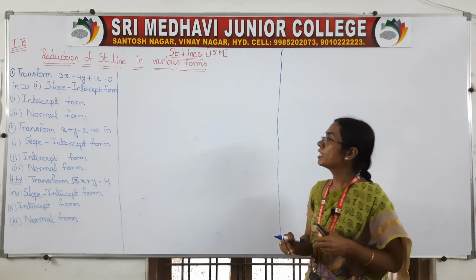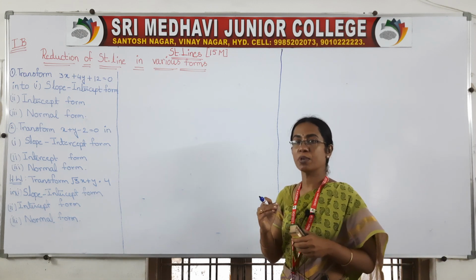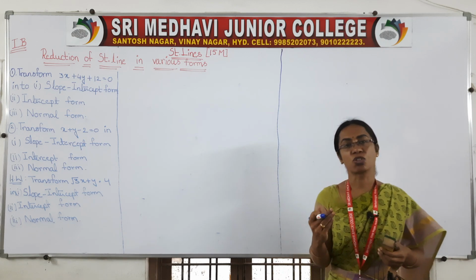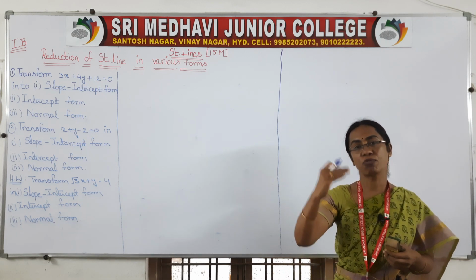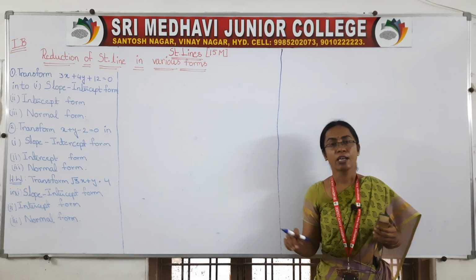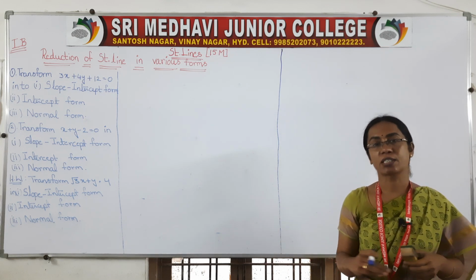Generally, straight line equation means ax plus by plus c is equal to 0. But according to the given situation, we will have 5 forms of straight line equations. Today we will discuss one important 4 marks topic.